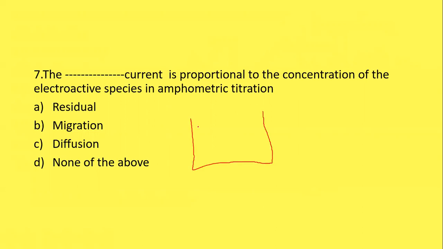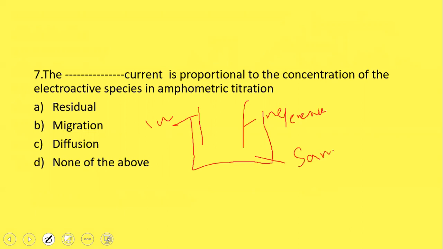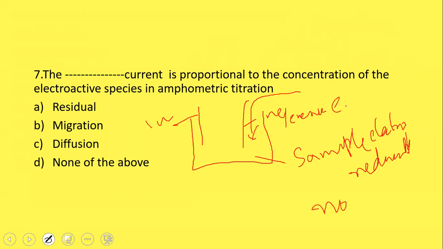See, we have an indicator electrode and a reference electrode. The sample is either an electro-reducible sample or a non-reducible solvent, and the titrant is electro-reducible.